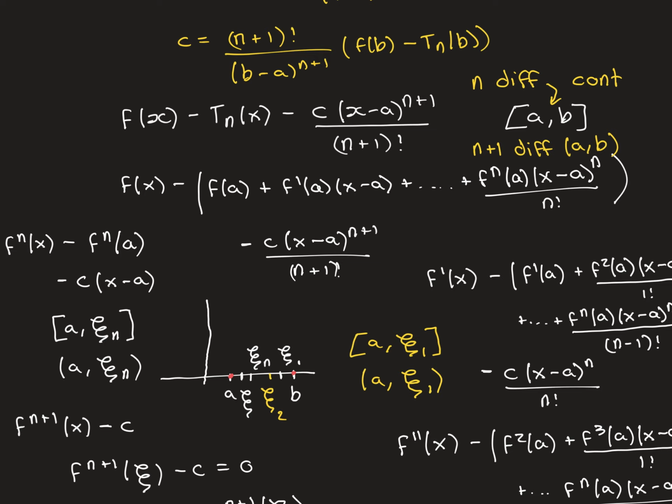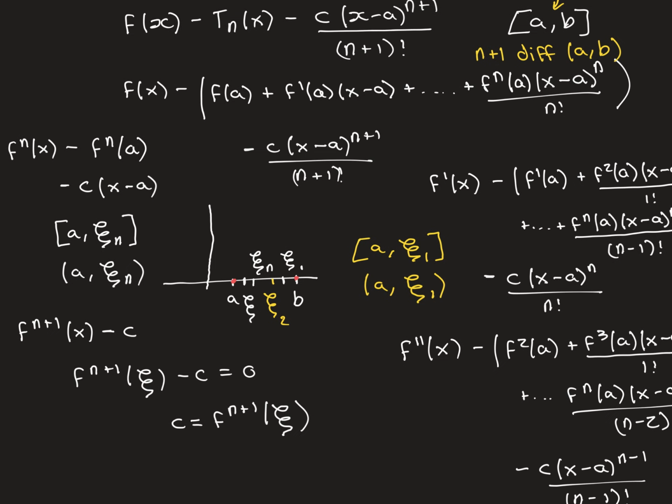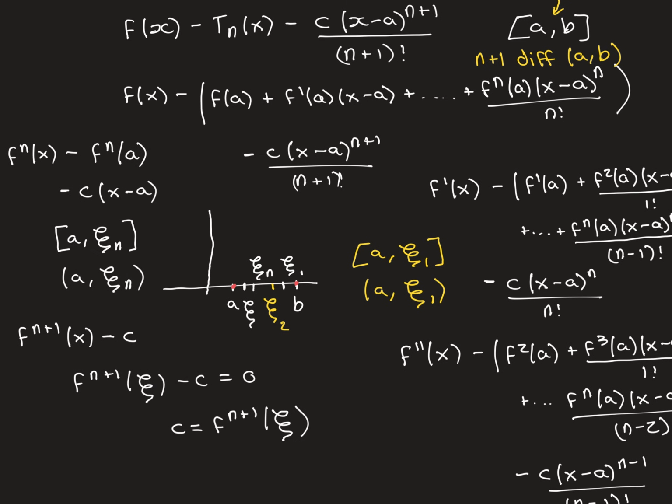All of its derivatives will be continuous, and it will be n plus 1 times differentiable on the open interval from a to b. We then did this incredible procedure of doing Rolle's theorem over and over again until we got to this xi n, where the nth derivative of this function is guaranteed to equal 0.